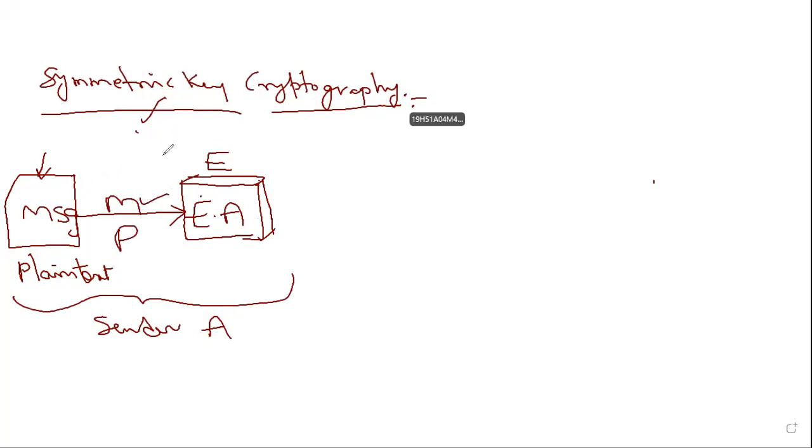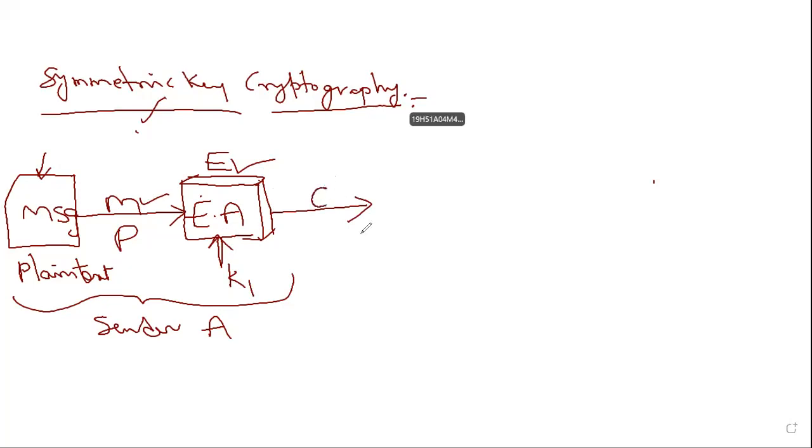Then what does the sender do with this message? The aim of the sender is to encrypt this message using the encryption algorithm, and with the help of the key, the encryption algorithm converts the message into a converted form. That converted message is called ciphertext.